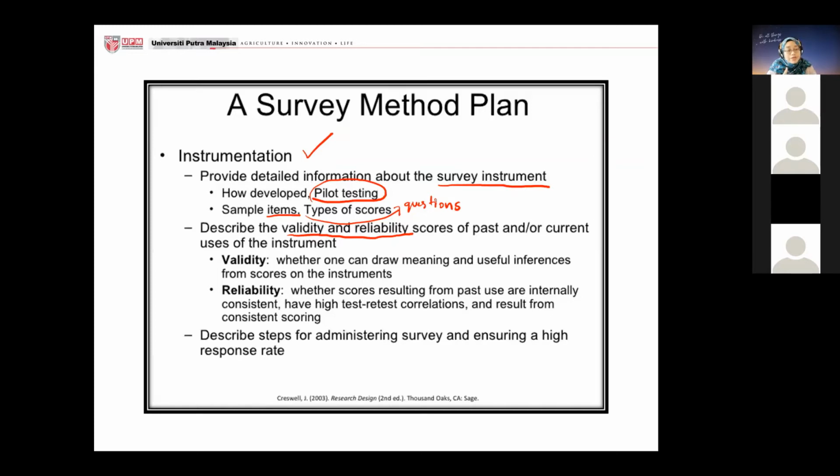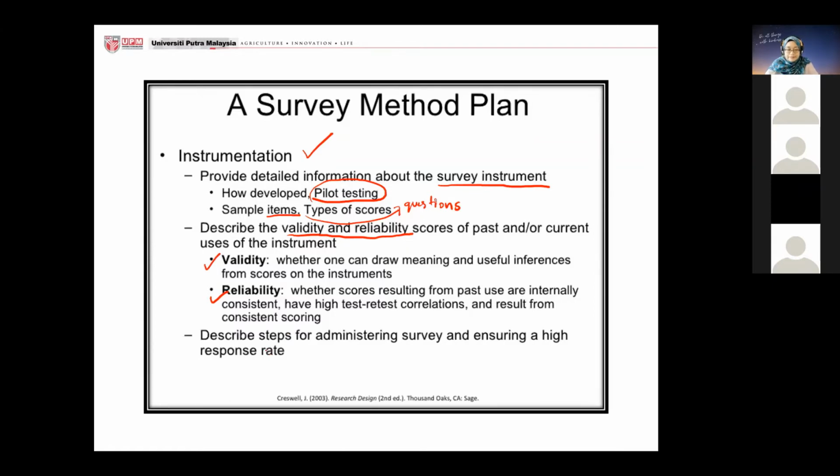So you have to refer back to the specific references who are using that type of instrument. Usually they will report their validity and reliability, and that becomes the basis for yours. When you develop your own, then you have to also calculate your own validity and reliability.